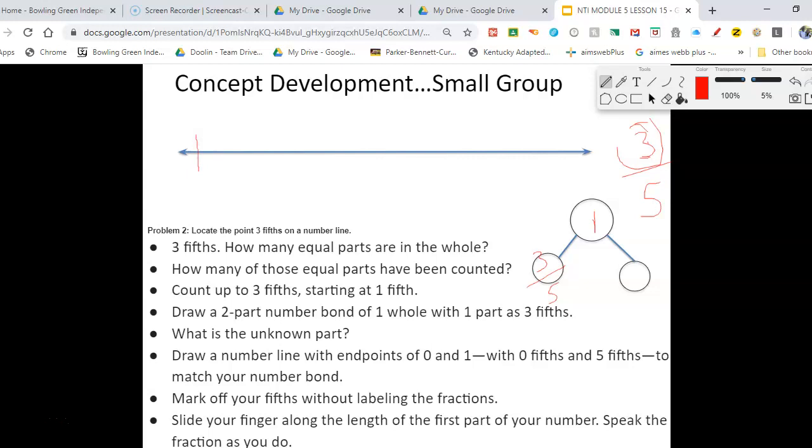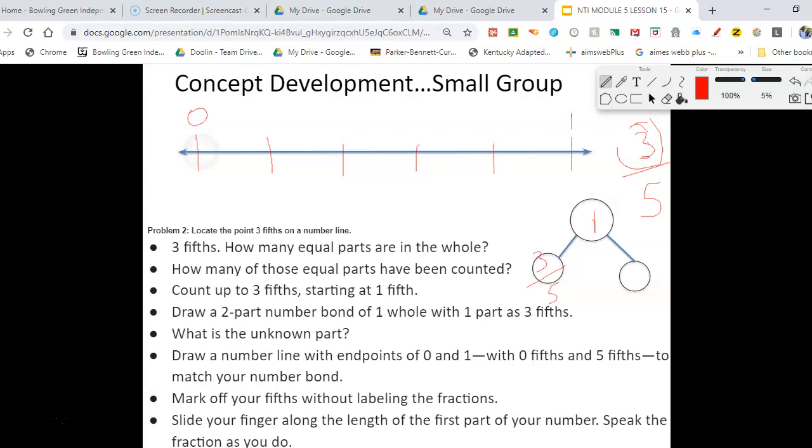So label your number line with endpoints 0 and 1. And we need to partition this number line into 5 equal parts. So let's do that. There's 1 part, 2 parts, 3 parts, 4 parts, and 5 parts. So let's start here and let's label 3/5.